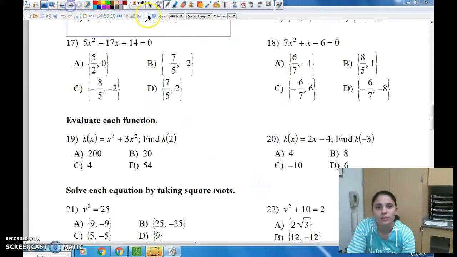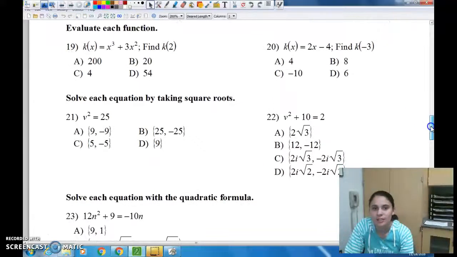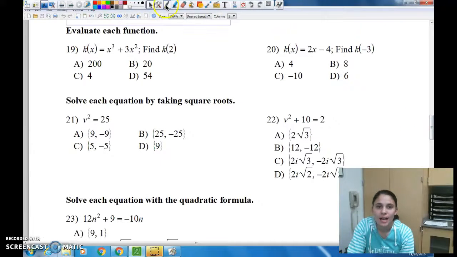19 and 20 use some somewhat fancy notation, but the process is actually very simple. It's asking me to find k of 2, and it gives me what k of x is equal to, x cubed plus 3x squared. So wherever there's an x, I'm going to plug in a 2.